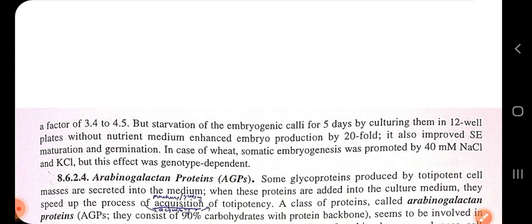So it has been shown by evidence that if we reduce the strength of the constituents used in the culture medium and grow the callus, grow the explants, then there is rapid formation of somatic embryos. Or if we don't use any sucrose, then also there is a chance of somatic embryo formation.